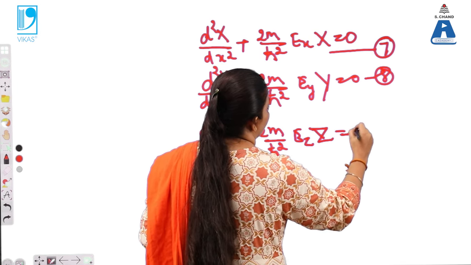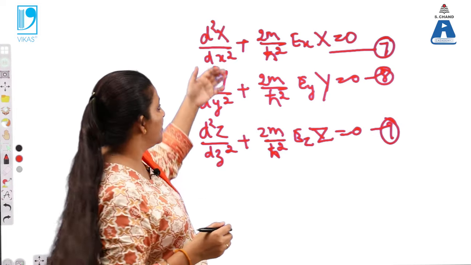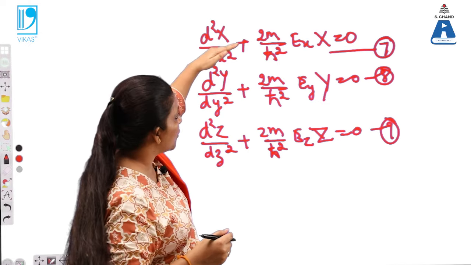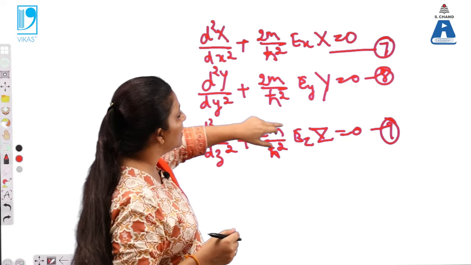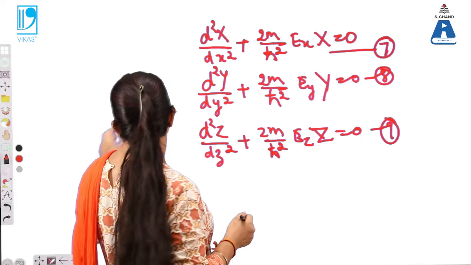This is the equation number 9 over here. Now, these equations are similar to the particle trapped in a 1D box. So, these equations are solved in order to get energy eigenvalues in 3 dimensions and also the wave function.